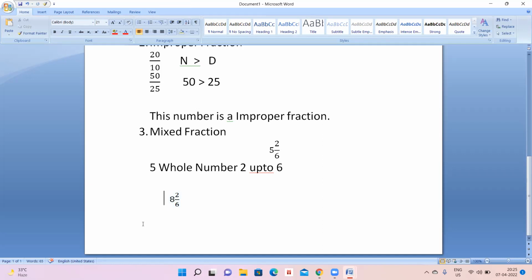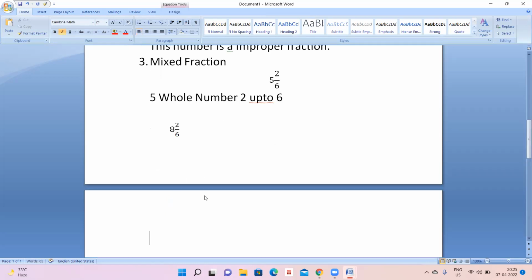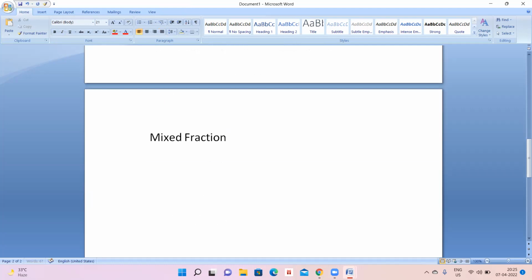So a mixed fraction is a combination of a whole number and a proper fraction. My dear student, I hope you have got this point.